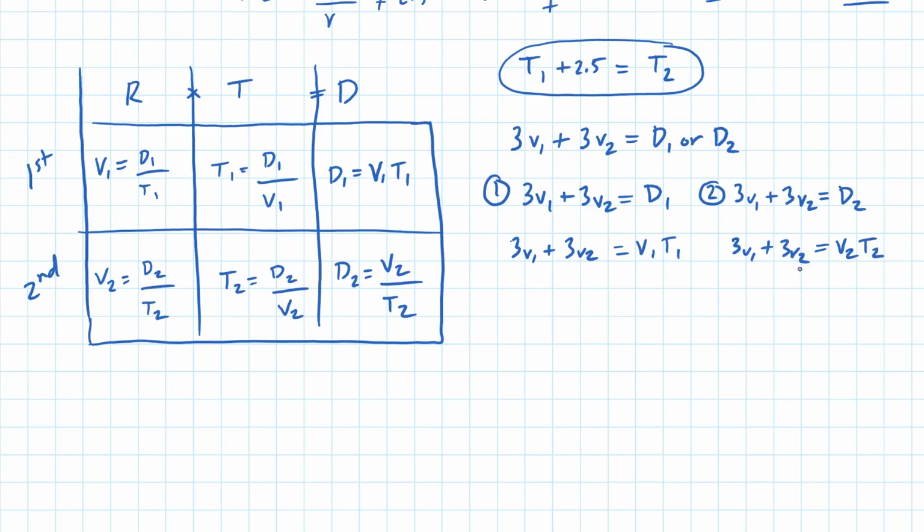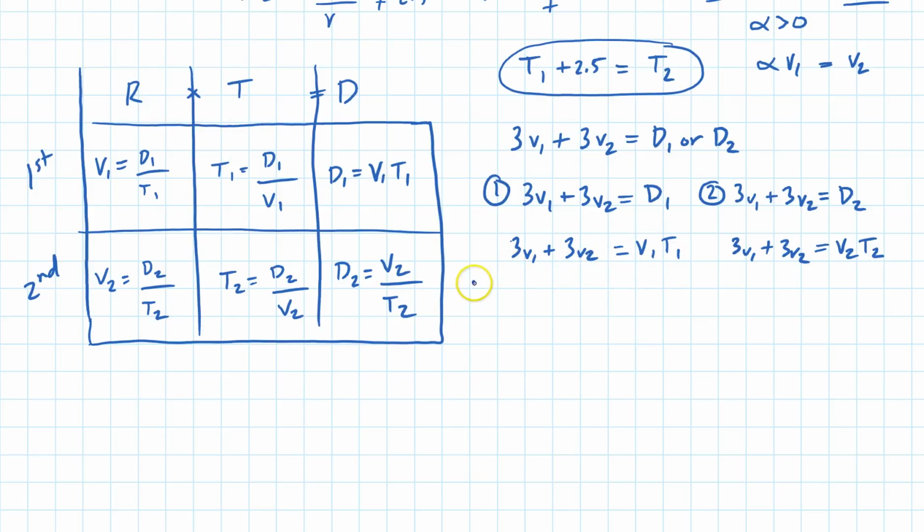Then what I did, I knew that velocity 1 was faster than velocity 2. So if I multiplied some positive alpha by velocity 1, that would equal velocity 2. So now I'm going to substitute alpha in here for v2.